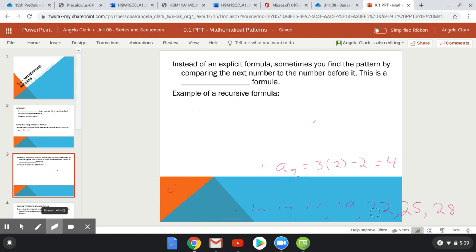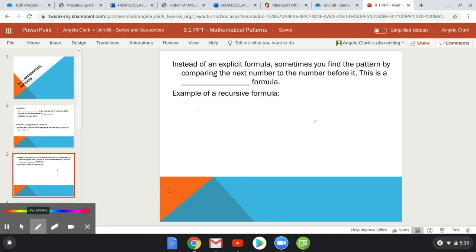Okay, so the other type of formula we're going to talk about is the recursive formula. So we have the explicit formula and we have the recursive formula. A recursive formula is a formula that uses the previous term.